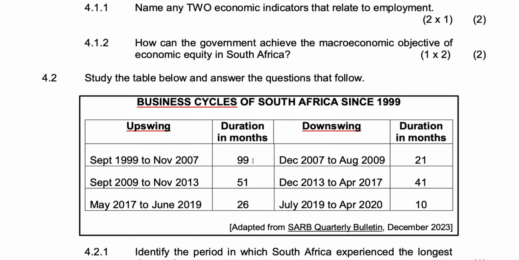But the good thing is we see that it improves longer than it deteriorates. Also here and also here. That's a good thing. And this 99 plus this 21 will give us the length. This 21 plus this 51 will give us the next length. This 51 plus this 41 will give us the next length. This 41 and this 26, it's a length. This 26 and this 10 is the length.